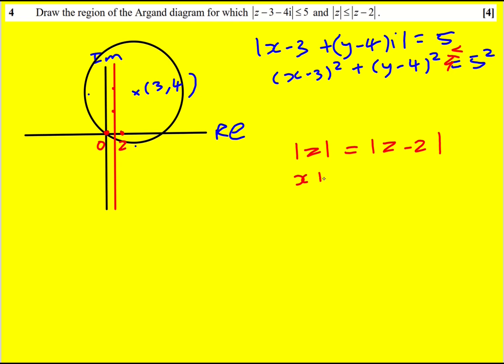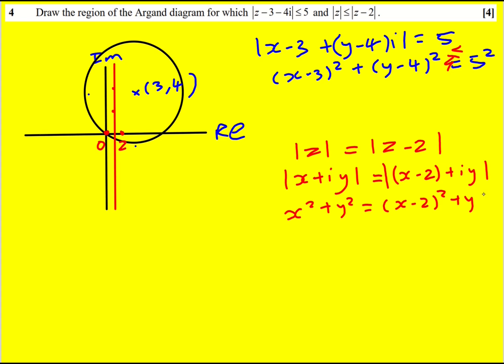So it would be the modulus of x plus iy is equal to the modulus of x minus 2 plus iy. And just like for the circle, like how I got the x minus 3 squared, I can do the same here to get the magnitude. It's going to be x squared plus y squared equals x minus 2 squared plus y squared.